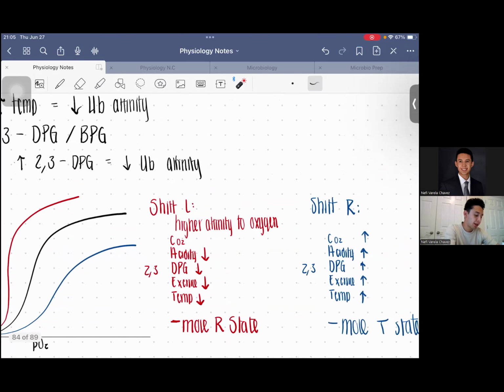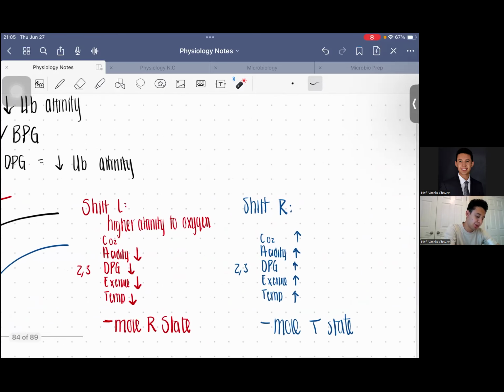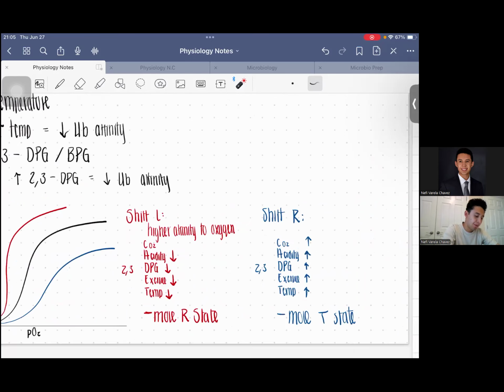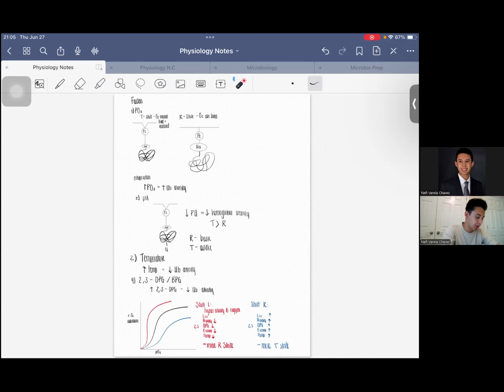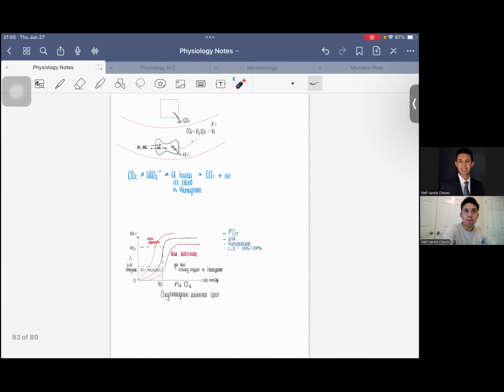On the other hand, this is going to be the opposite. When we increase CO2, when we increase acidity, when we increase DPG, when we do more exercise, when we increase temperature, we're going to have more tension state, more T state. So we are going to decrease that affinity for oxygen to attach to hemoglobin. Pretty much it.